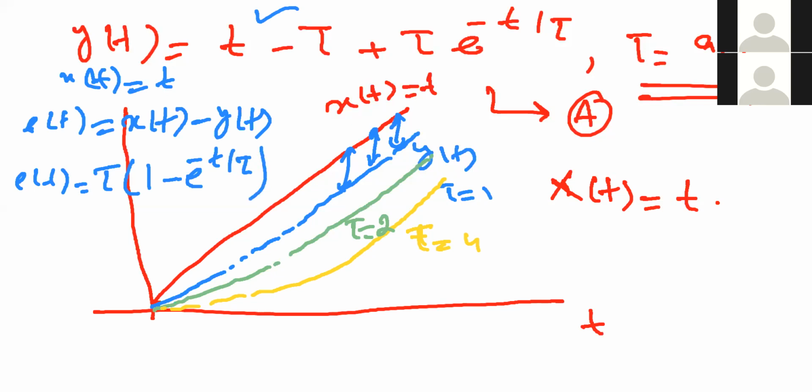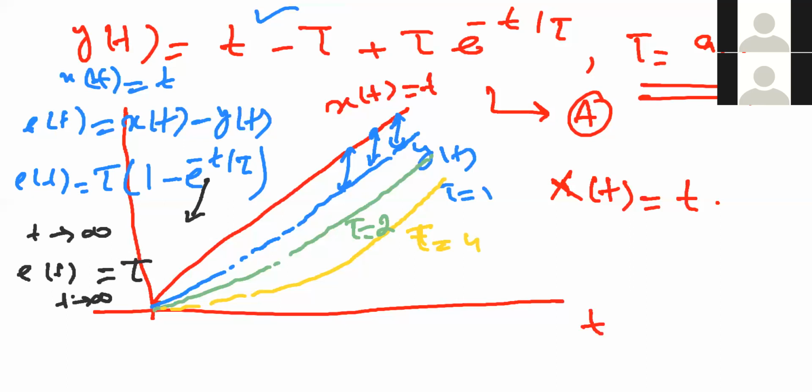Now it's clear. In this function, if t approaches infinity, e raised to power minus infinity will be equal to 0, and then e of t as t approaches infinity will be equal to the time constant.